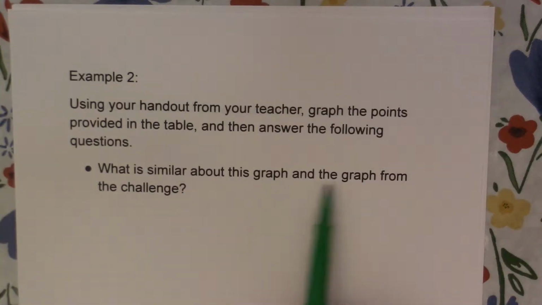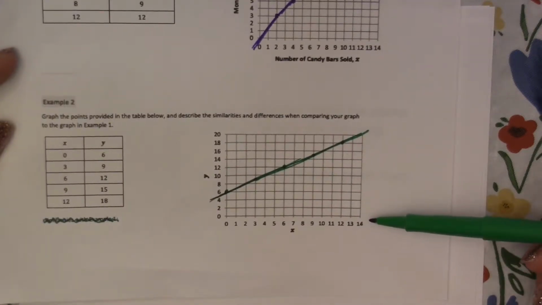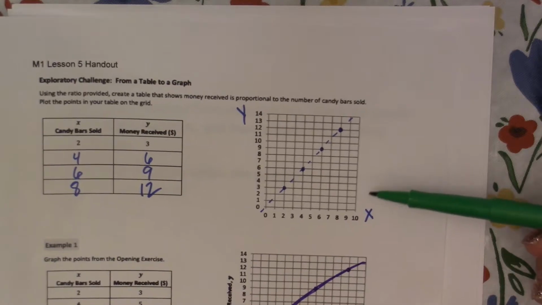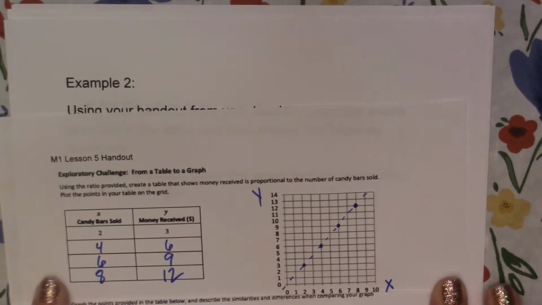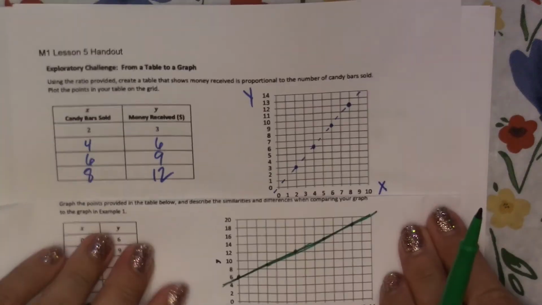All right, so what is similar about this graph and the graph from the challenge? So if we're comparing this graph to that first one we did in the exploratory challenge, we're looking at what is the difference. So here, let's do this, maybe it'll help. Compare these two together. Okay.